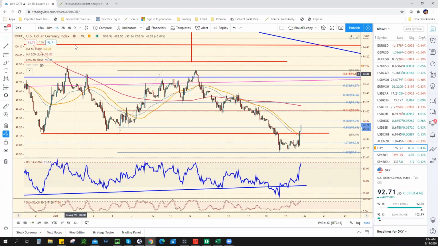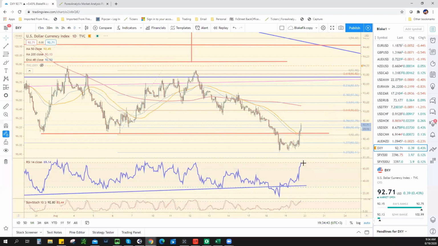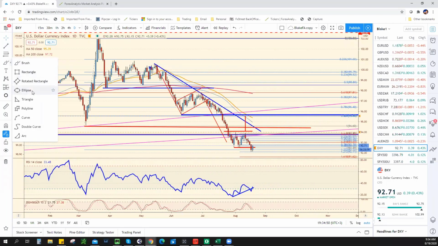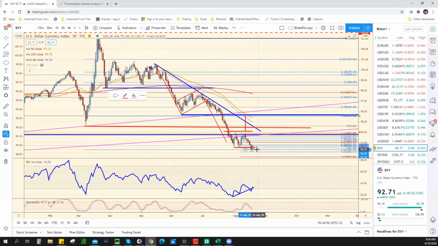Now, one of the best setups for me is these types of days, because I love it when we get a false break like this. Because what is a false breakdown? And I'm asking you guys this: what does a false breakdown or breakout usually lead to?